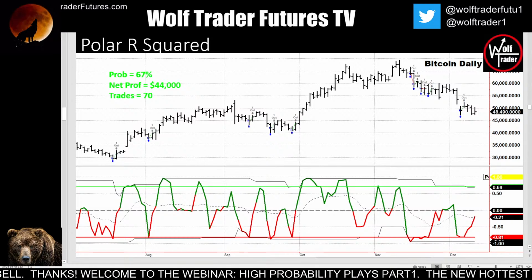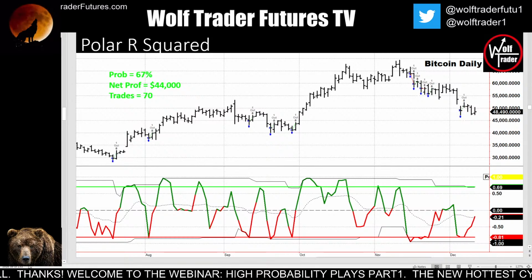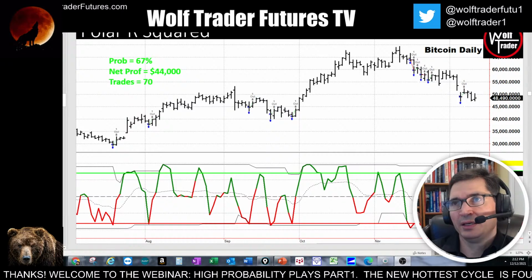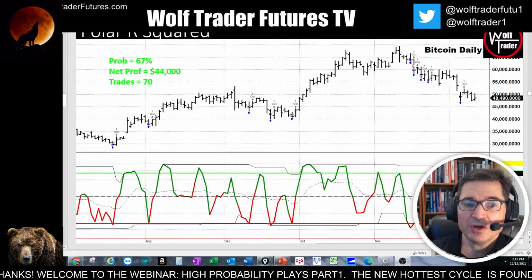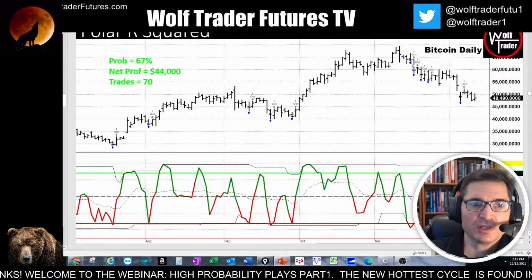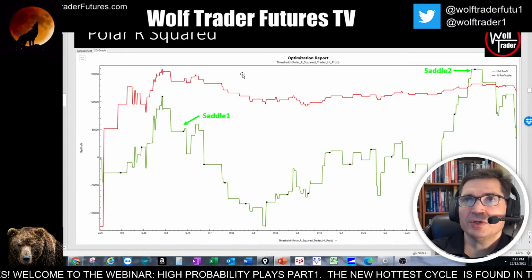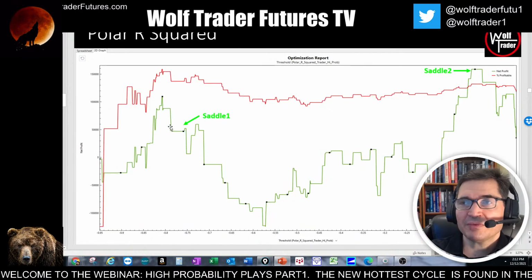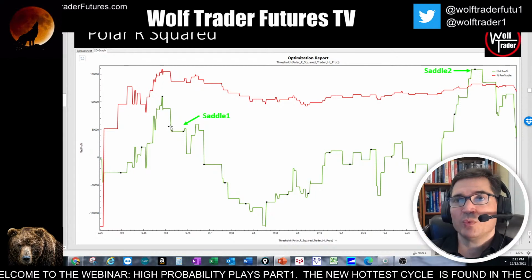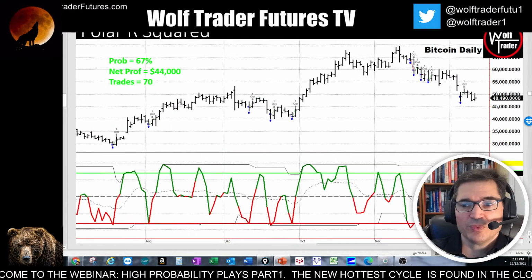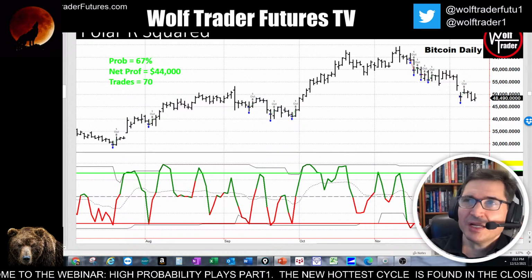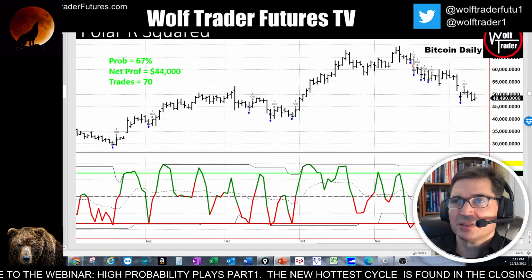But the basic idea is that this thing gets down and hits a threshold, and we're optimizing what that threshold is. We're going to look at the saddle points, and we want to know what level I should place that polar R squared at. So when you start to see this on the chart, and again, I'm probably going to replace the best RSI with this.